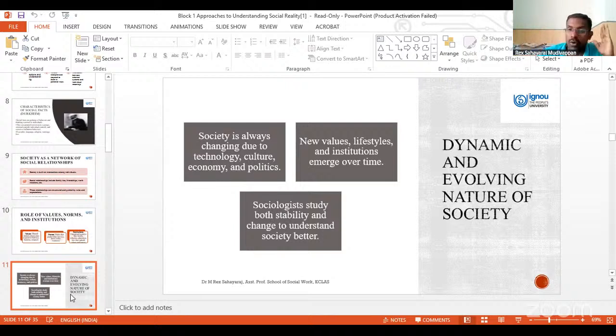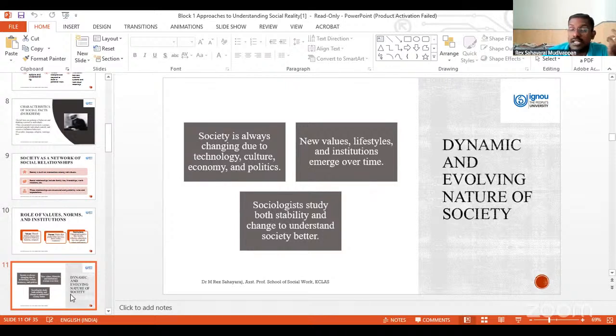What was a value or norm two decades back may not be the value or norm now. Okay, that doesn't mean that society is disqualified or the norms and values are getting away. No, the society is evolving.